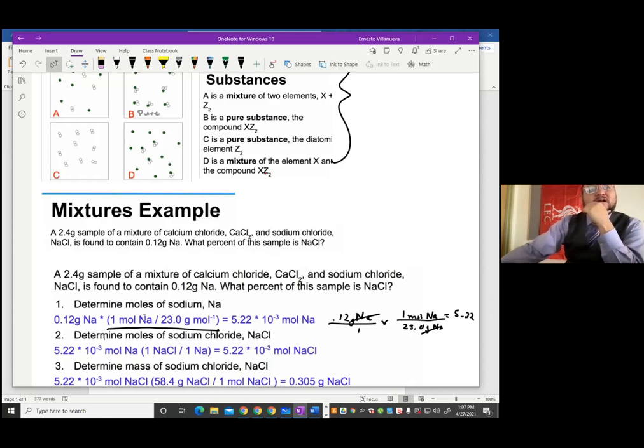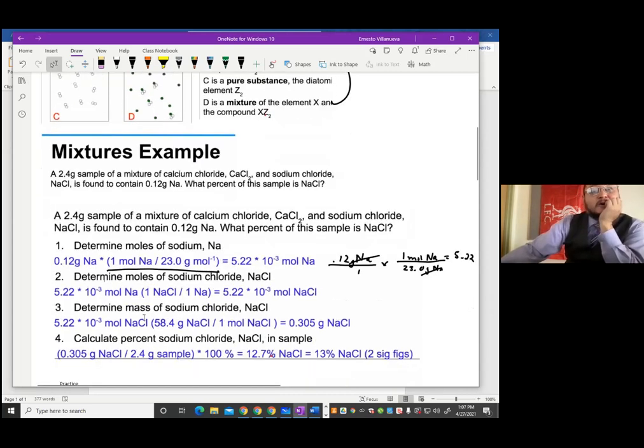Once you get the moles of sodium, you determine the mole-to-mole ratio, how many moles of sodium are in sodium chloride. It's a 1-to-1 ratio, so we end up with exactly the same number again. Then find the mass of sodium chloride from the number of moles, using molar mass, and we end up with 0.305 grams of sodium chloride.